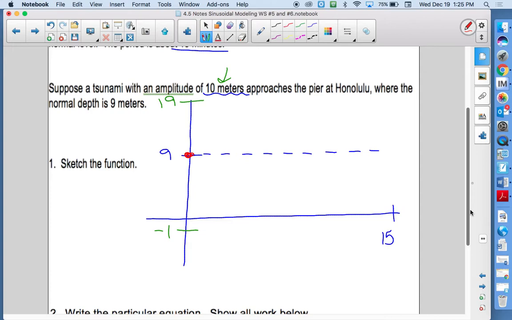But what it's saying is from this location, it's going to go down to the minimum value. It has to come back up to normal, because the water is going away from the beach or away from the pier, and it gains all this momentum, and it comes crashing onto the pier or onto the land or whatever is there. So after it gets to the normal level, it comes back up and crashes down and ends back at normal.